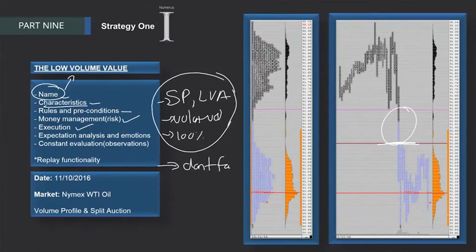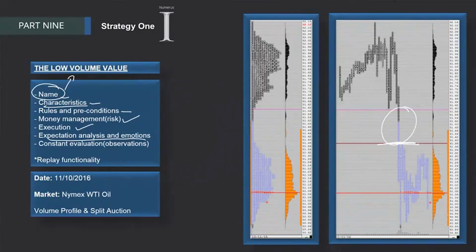Now, just in terms of some of the expectation analysis and emotions, I won't spend too much time on this, as emotional analysis is very important, but I will give you a little example of something that I would spend time with. For me, if I enter too short in this example, maybe somewhere around here, I do have the potential to head offside, or the market goes slightly against me.